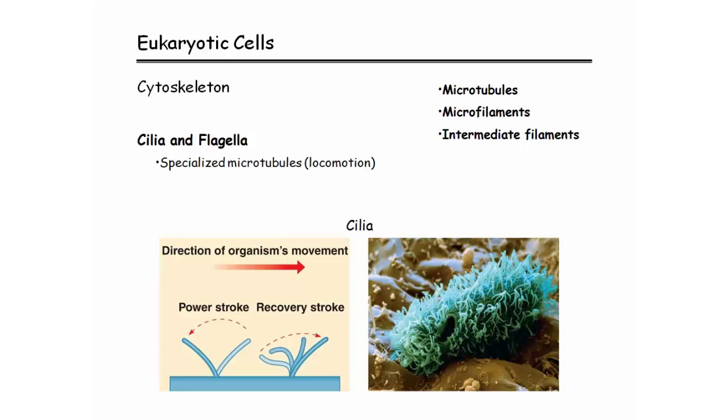And if we look at the cilia first, cilia are like little hairs that cover the surface of a cell. So when we're talking about a cell having cilia, generally there's going to be hundreds or thousands of these little cilia on the surface, and each cilia is going to basically wave around. Because they're all waving around, we don't get a real good directional movement, but we do get movement of the cell.